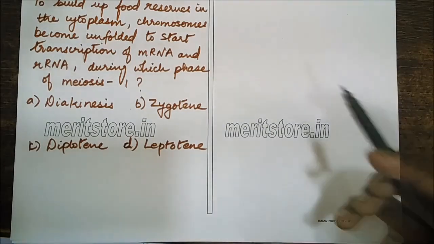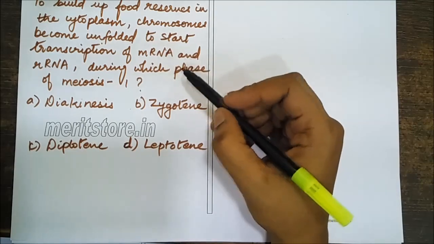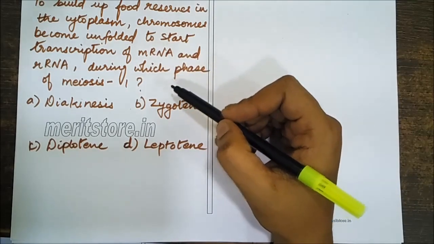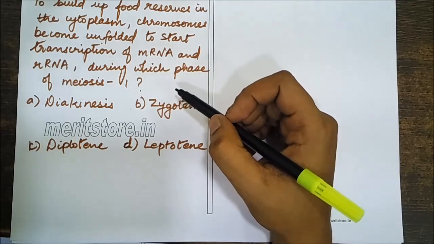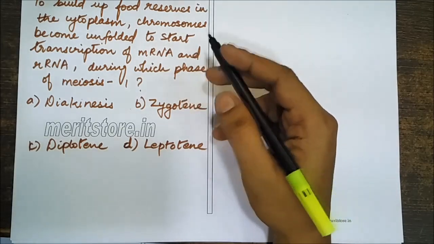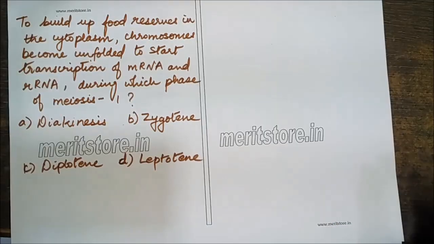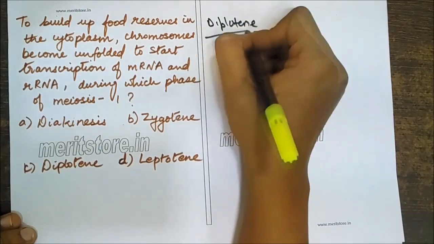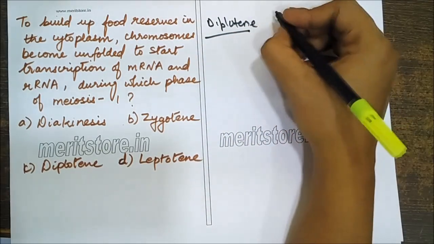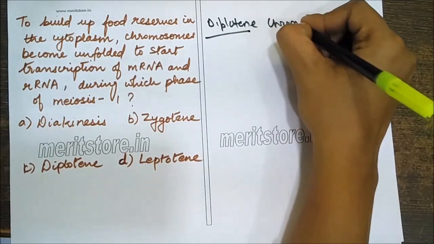To build up food reserves in the cytoplasm, chromosomes become unfolded to start transcription of mRNA and rRNA during which phase of meiosis 1? See, what happens is, during the diplotene stage of meiosis 1, chromosomes may unfold.